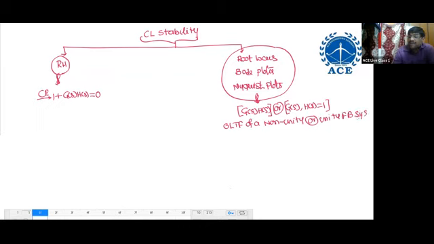So it is very difficult to draw a root locus diagram or Nyquist plot or Bode plots by using the characteristic equation. That's why we'll use open loop transfer function and then we'll draw the plots. What is the difficulty of drawing a plot by using the characteristic equation, it will come.